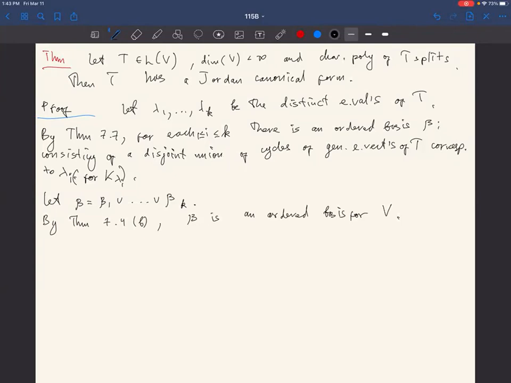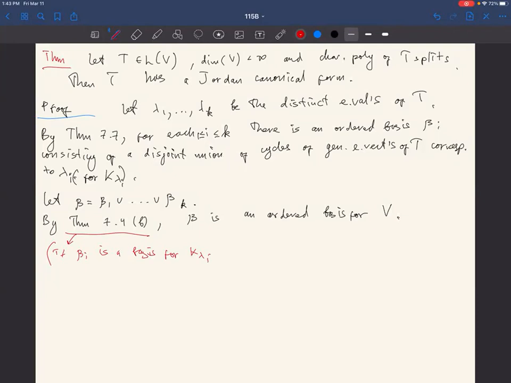Should I remind you? It literally says what we are doing here. If beta i is a basis for K lambda i, where these are all distinct eigenvalues, then taking the union gives us a basis for the whole space.